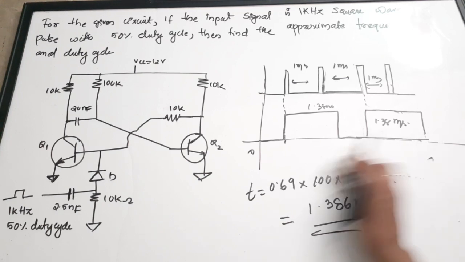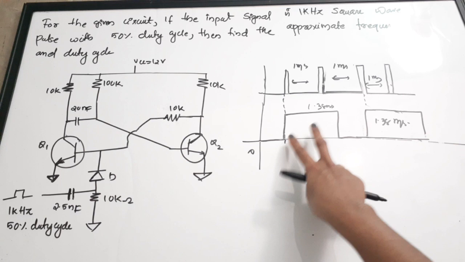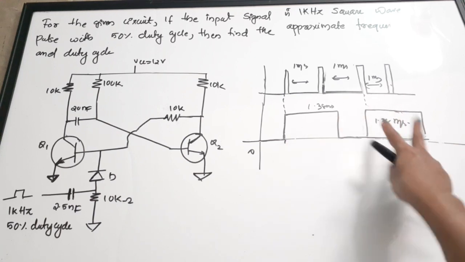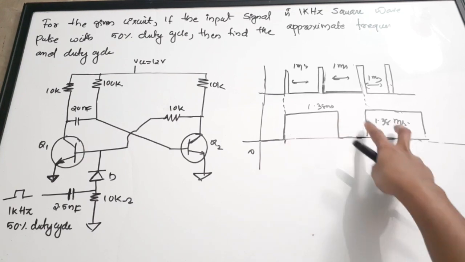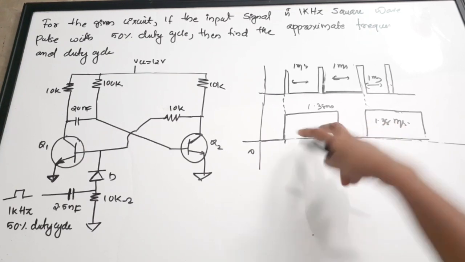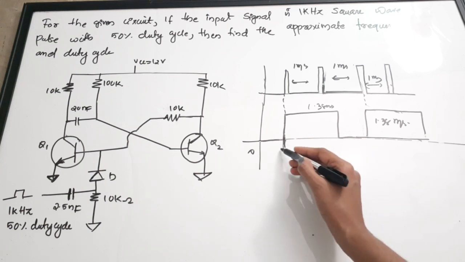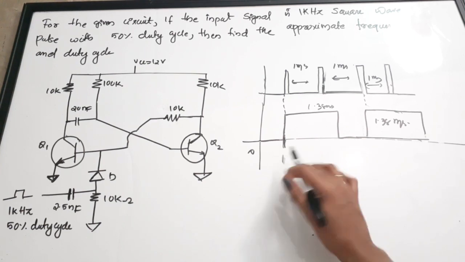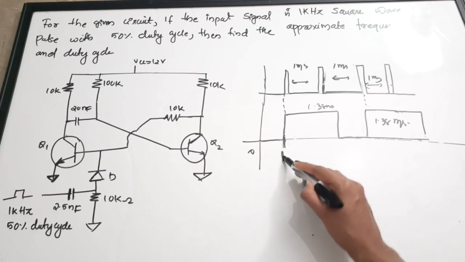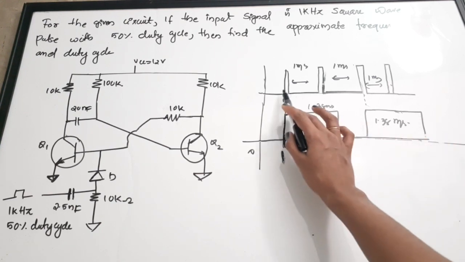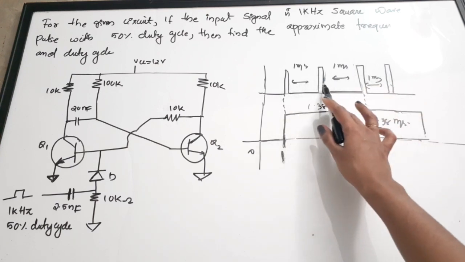Now we need to find the frequency. How to find the frequency? What is the time period of this waveform? Time period means the time after which the next pulse comes. The initial pulse started from this point, right? Now after what time from this point is the next pulse? Just see the pulse trains here.